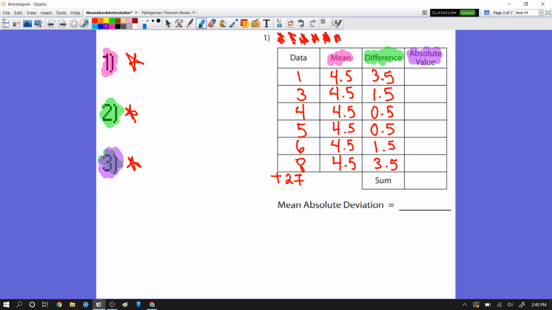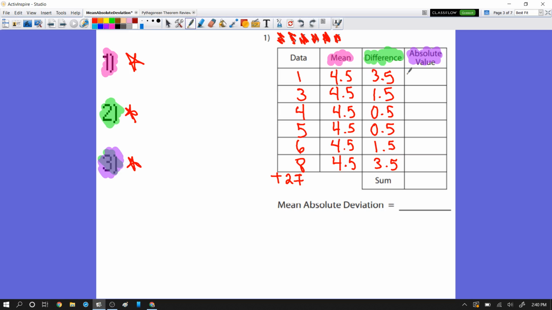Okay, so the difference is 3.5. Add all these up, 1.5. That's 11, and then divide it by the 6. 1.83 repeating. Okay, so the reason that this is saying the difference was because you have 1 minus 4.5, they give you negative 3.5.